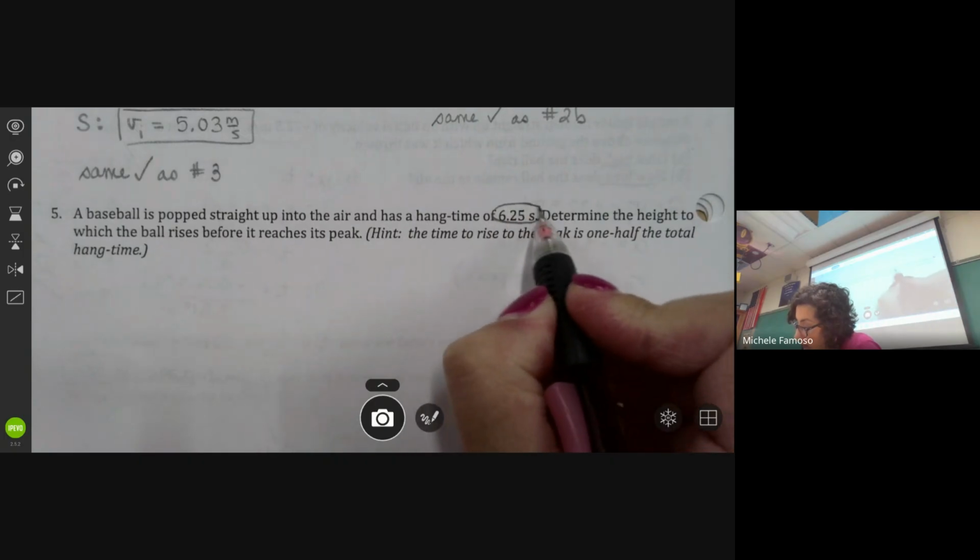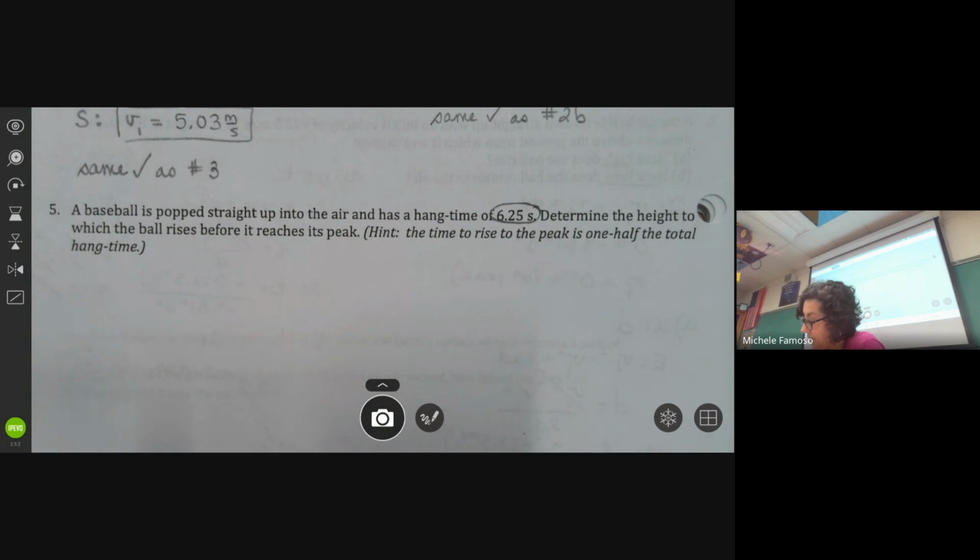No. That's not going to give me a given piece of information. Sydney, something I can circle in the question that I know. Yep, so I'll circle 6.25 seconds. Miriam, what am I going to underline? Height. Underline the word height.